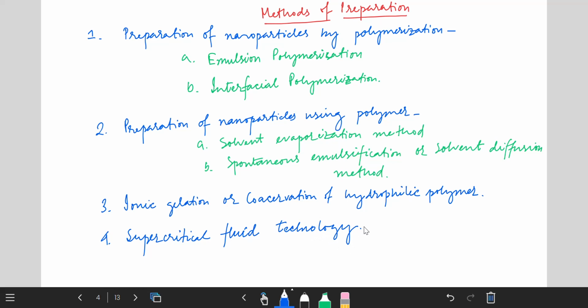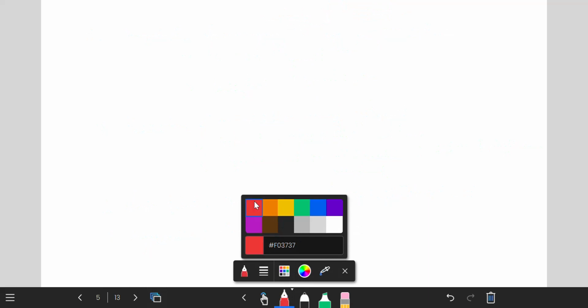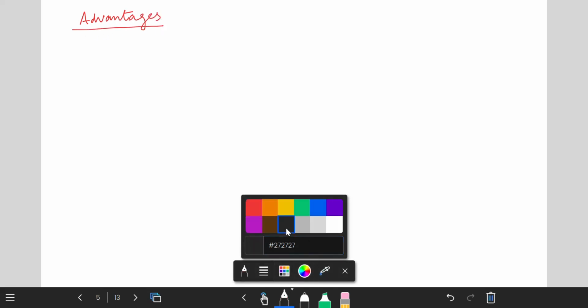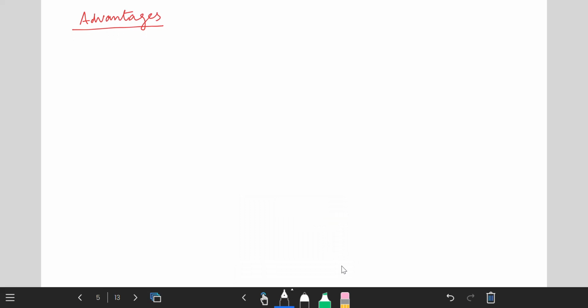Now, what are the advantages and disadvantages of such a system? First one, advantages. Advantages are the drug carrier has higher stability.